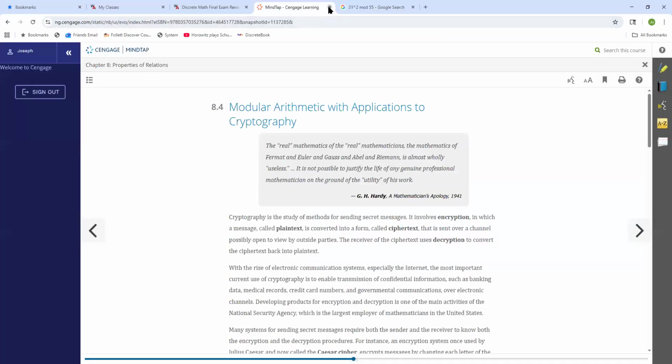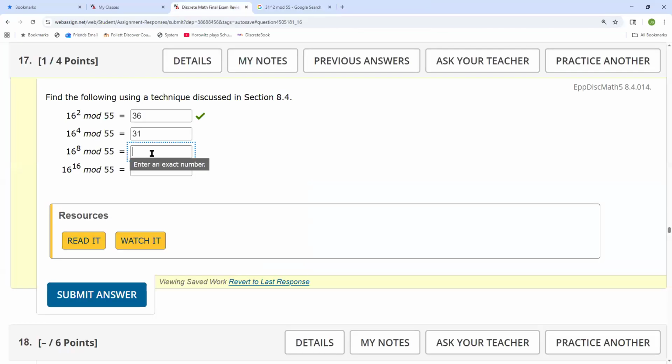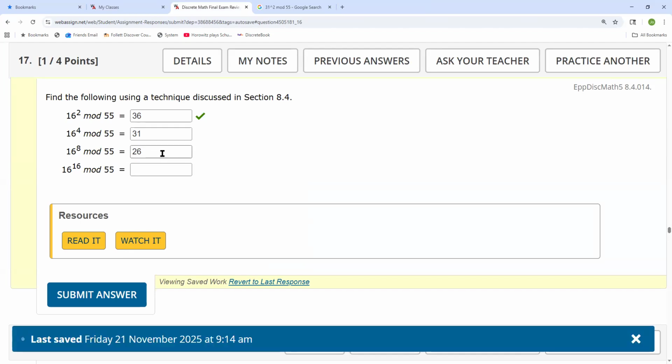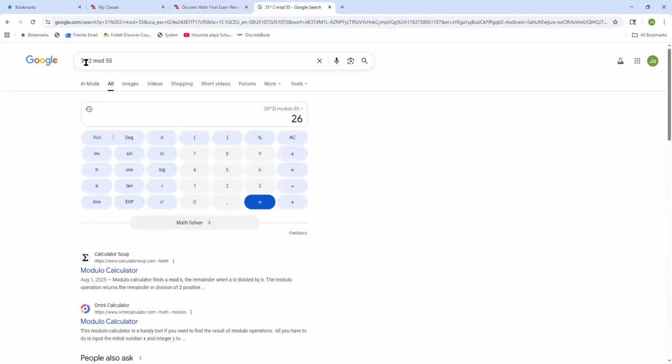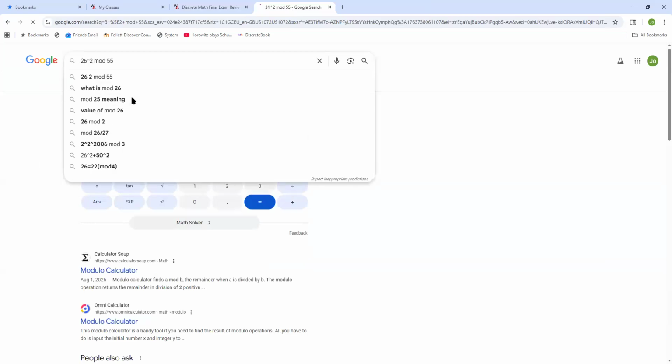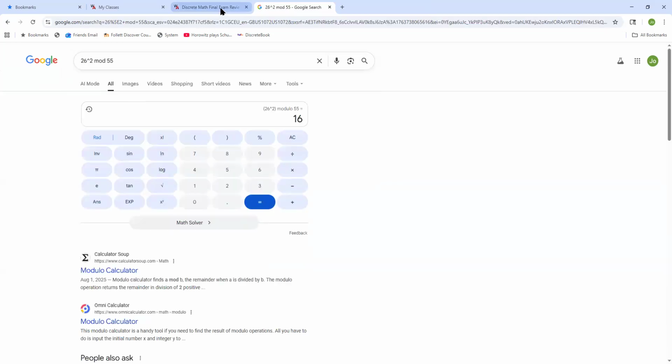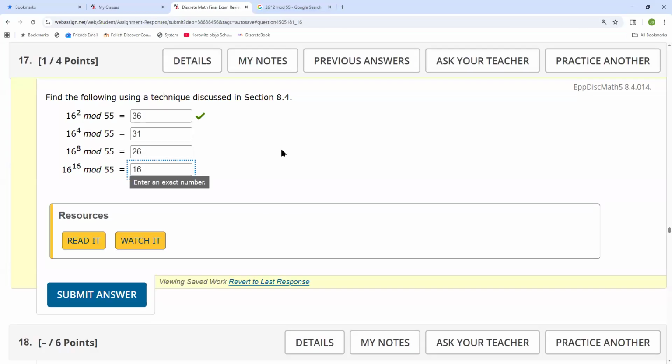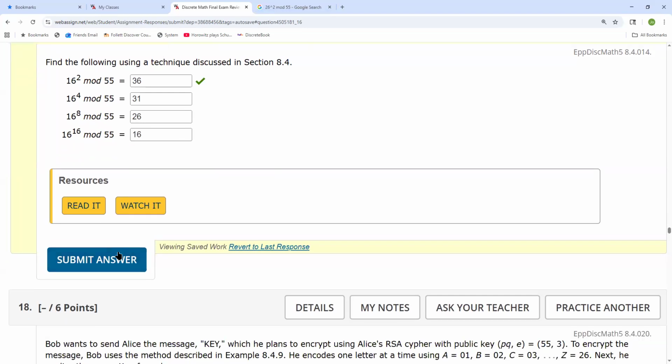So that one is 26, presto. And then what about 16 to the power of 16 mod 55? Well, 16 to the 16 is just 16 to the 8 squared. So I already know that 16 to the 8 mod 55 is 26. So I can just do 26 squared mod 55, and the answer is 16. So that's cool. Perfect. Submit.